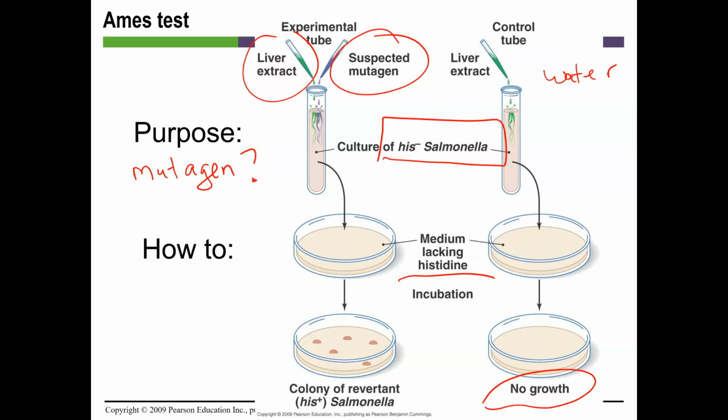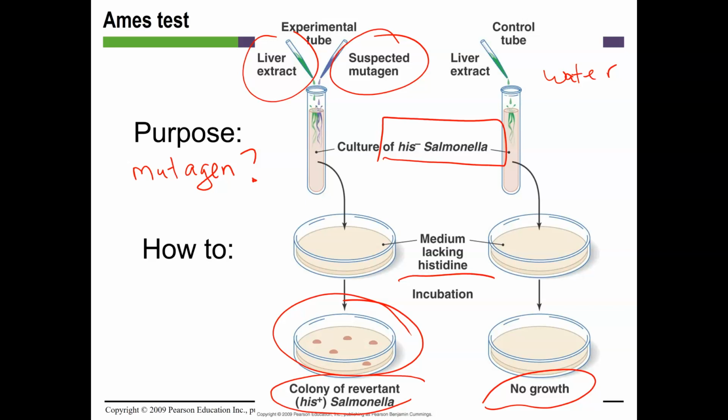However, if the chemical is a mutagen, it may alter the point mutation that caused the Salmonella to be a histidine auxotroph. If it happens to alter it back to the original nucleotide, the Salmonella will now make its own histidine, and it will grow on the media. The presence of colonies on this medium tells you that the chemical is a mutagen.